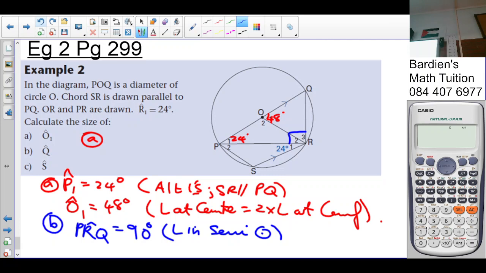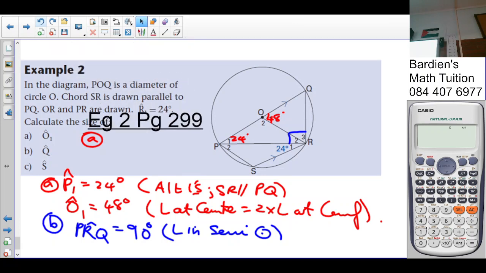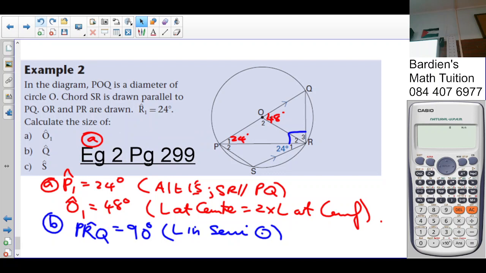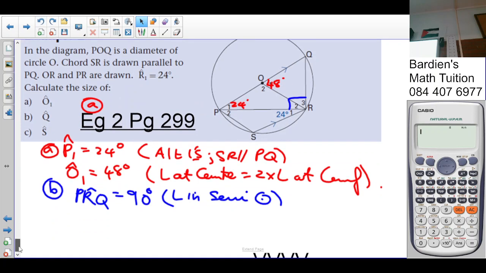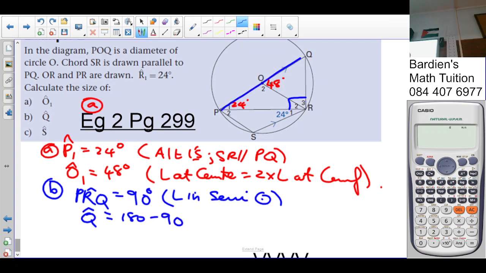Then what do we say? We now say interior angles of a triangle. So angle Q is equal to 180 minus 90 minus 24. This is the triangle we're working in.